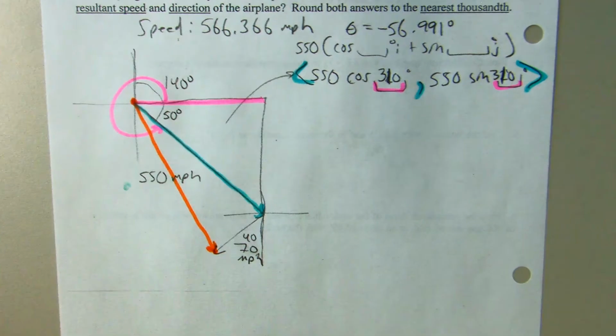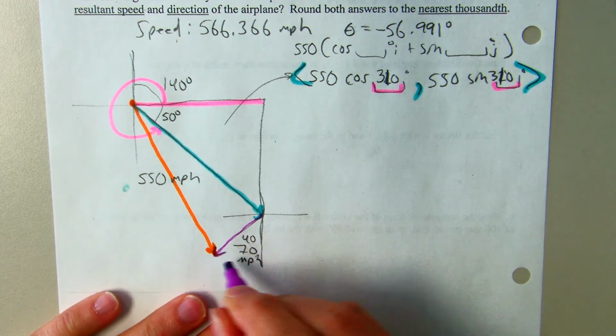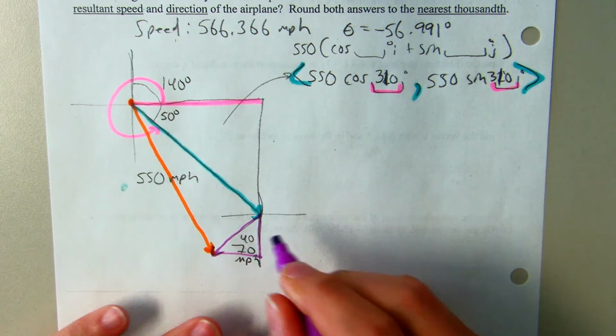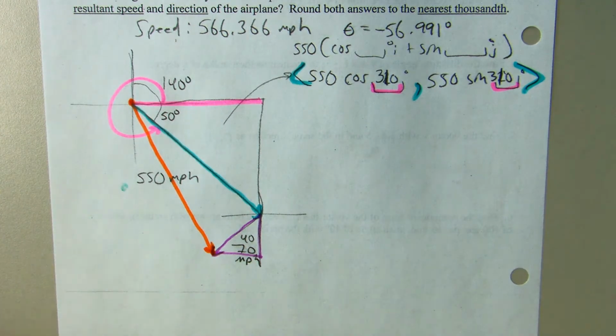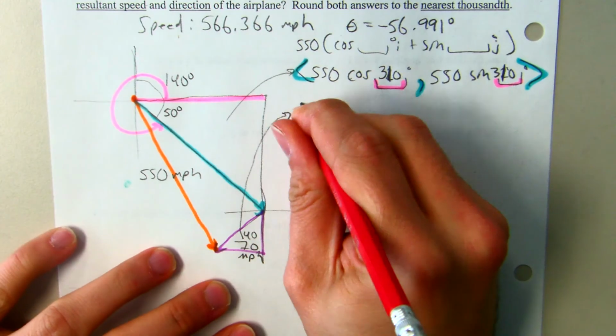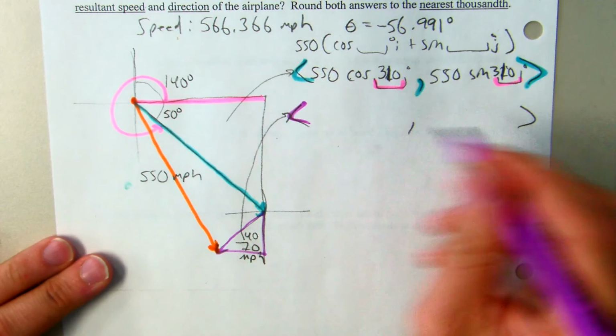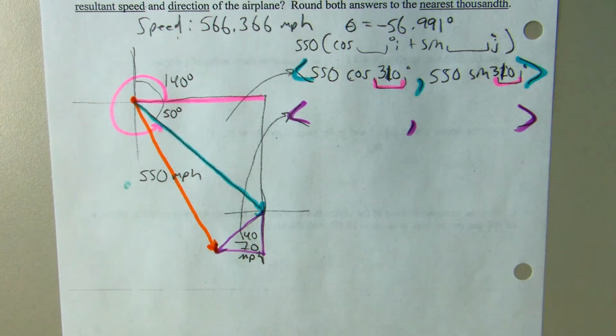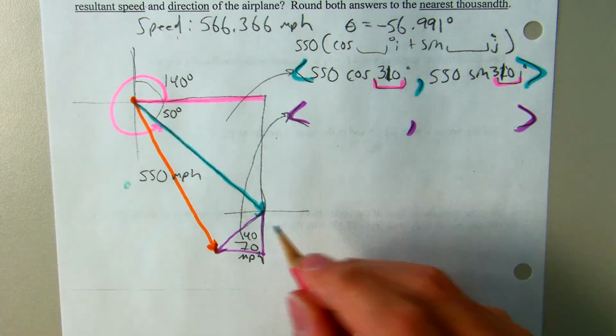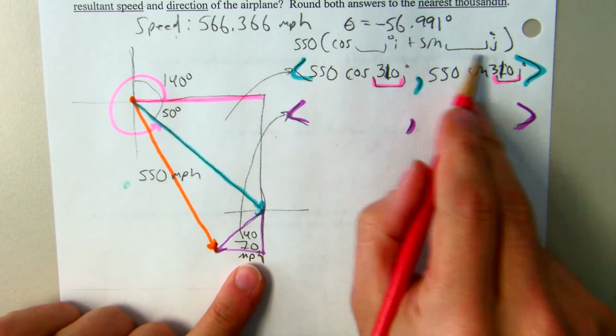Alright, and then my wind is dragging it west and south. So how much west and south is going to be calculated with its component form. So I'm not going to write out the trig form this time.